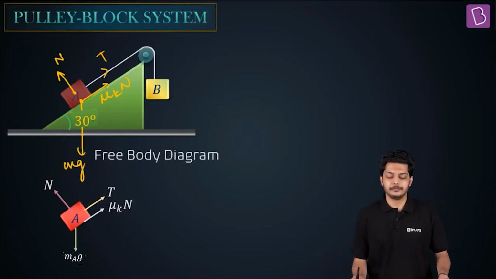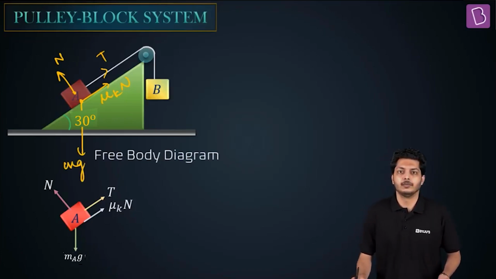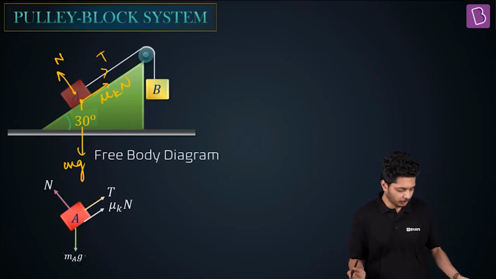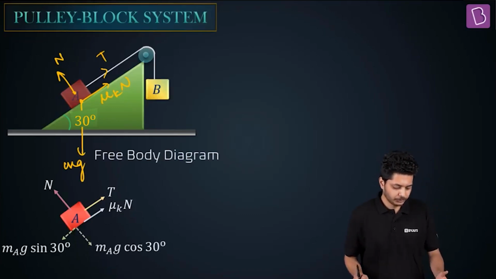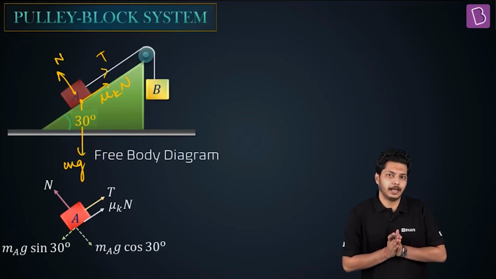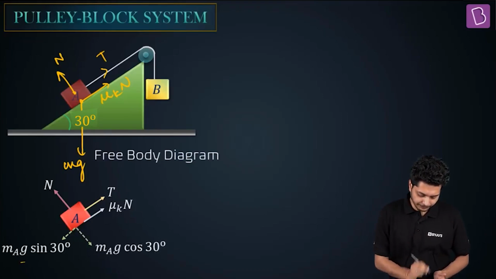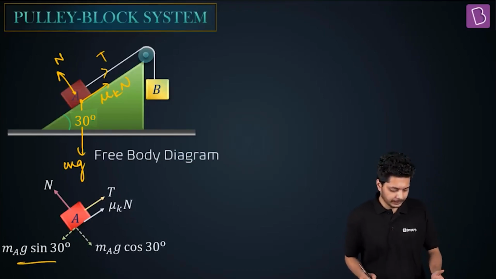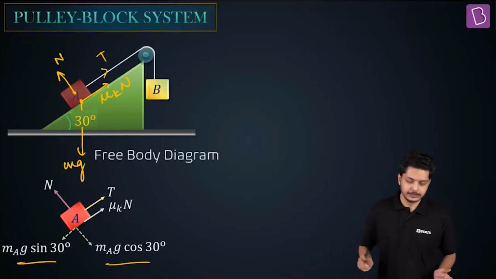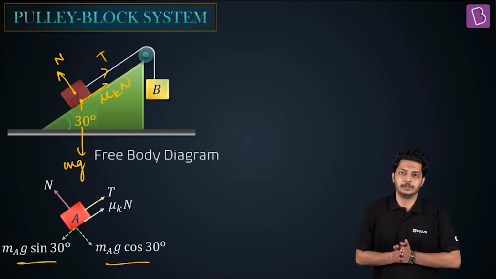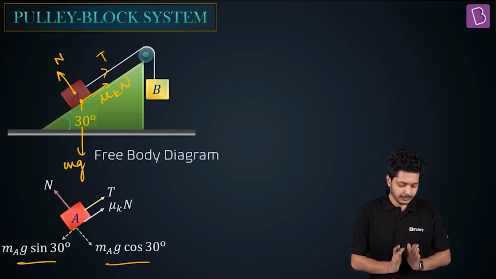Now since we have to choose one coordinate axis, let's resolve mg into its two components. Given the angle of incline is 30 degrees, we can say here we have mAg sin 30 degrees and mAg cos 30 degrees perpendicular to the plane. Block A done.